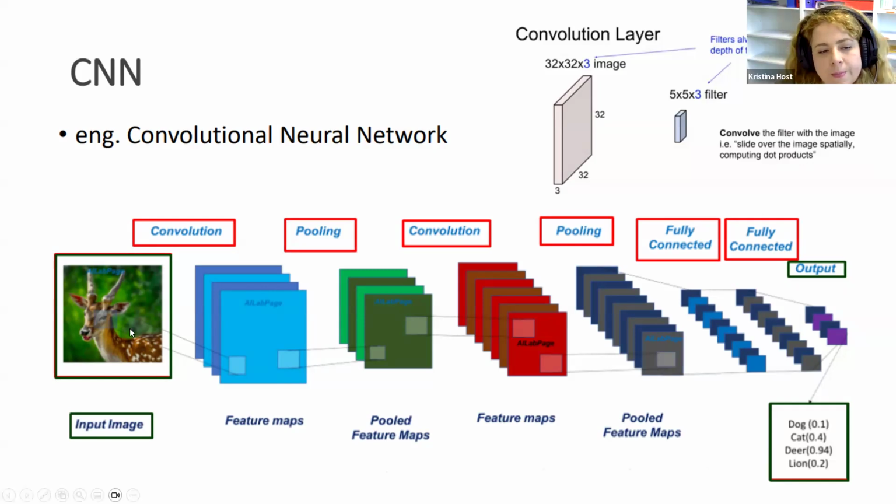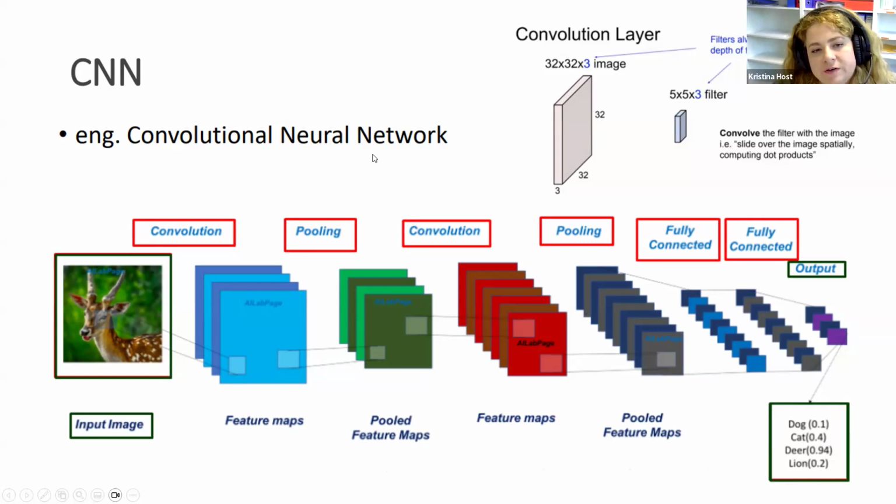For example, in this image the model is 94% sure that there is a deer, but maybe 0.1 that it can be a dog or a cat and similar. So we have an input layer, an output layer, and in the middle we have the hidden layers.